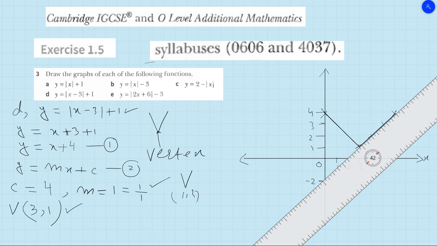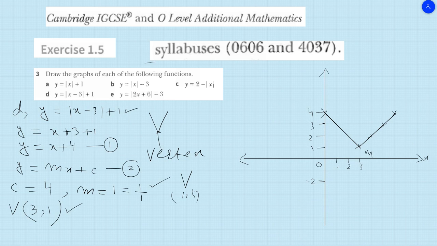Finally, we are successful in drawing our graph. This is our vertex 3, 1. So what was the mistake? I made two mistakes. First, I forgot to change this minus sign into plus sign, and from this the y-intercept is 4.